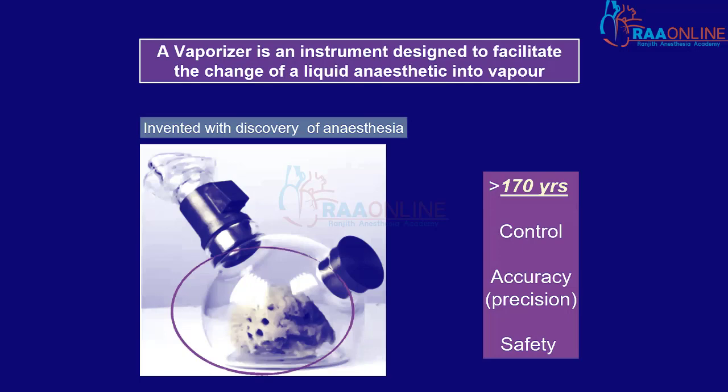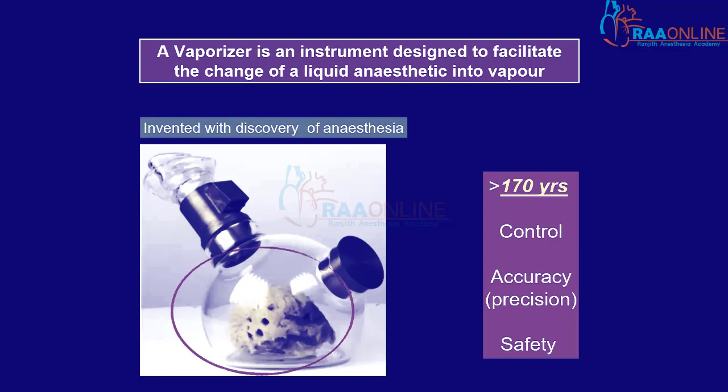Over 170 years, more than a century and a half, more and more research, development and invention has happened to give more control, more accuracy and a safer device in this field. Whatever evolution has happened has happened along this line.